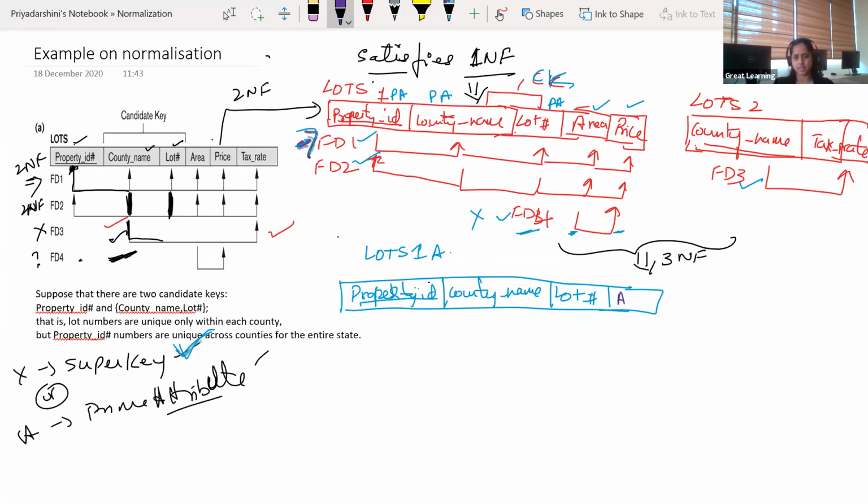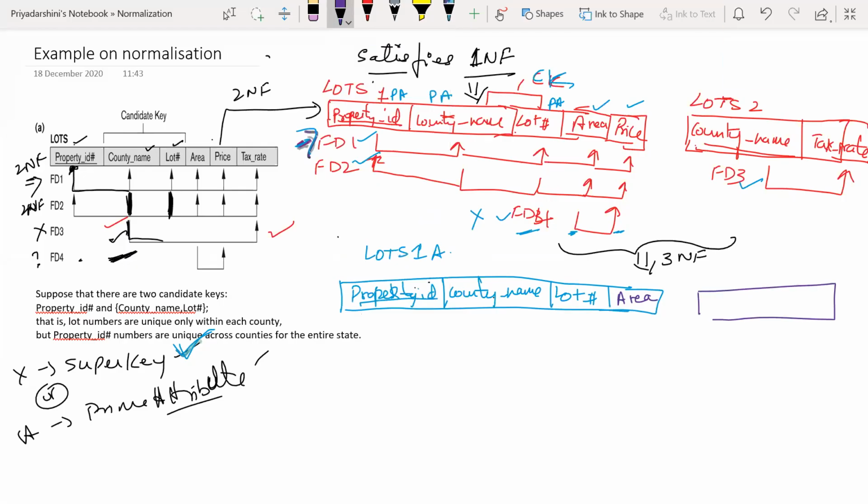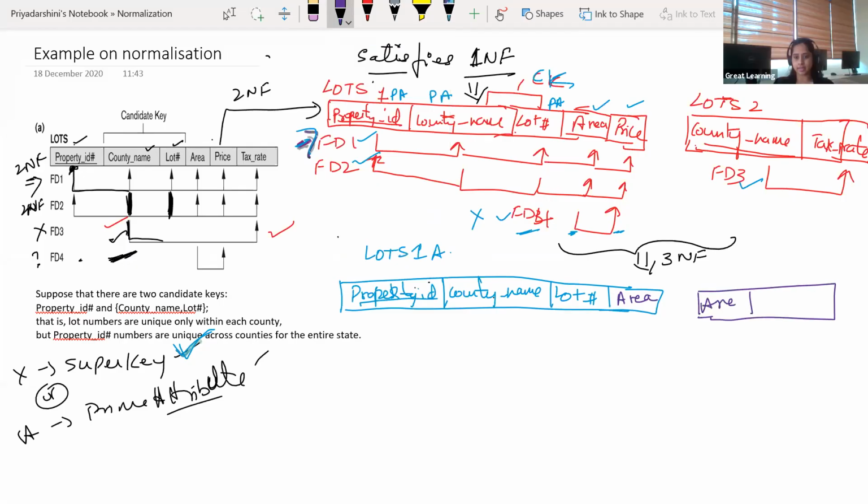Okay, I need to keep area here because I am taking area into a separate table as a primary key. Price, because my functional dependencies tell that area uniquely determines price. So I should keep area as a primary key, and area will be a foreign key here. So these two will be a candidate key here. So what is the remaining FD here? Now this will be my FD1.